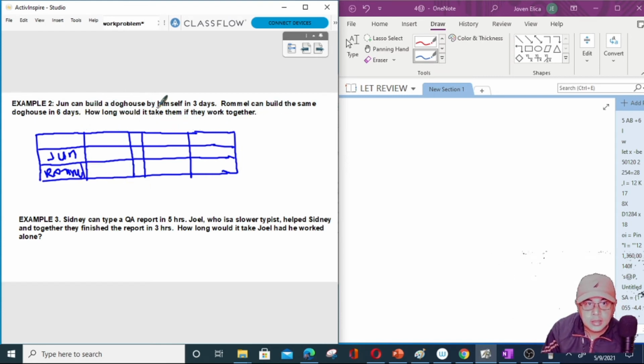June can build the doghouse by himself in 3 days, so the rate is 1/3. Romel can build the same doghouse in 6 days, so the rate of Romel is 1/6. This is the rate, multiplied by the time, and is equal to the work.